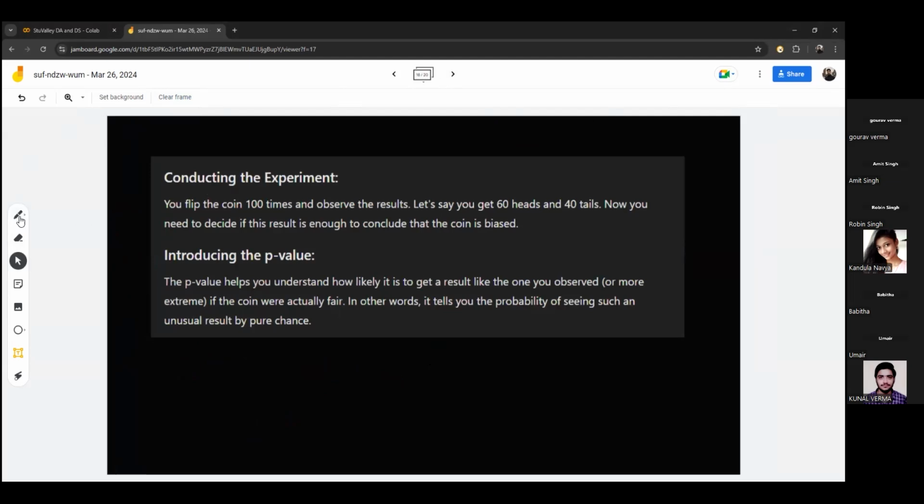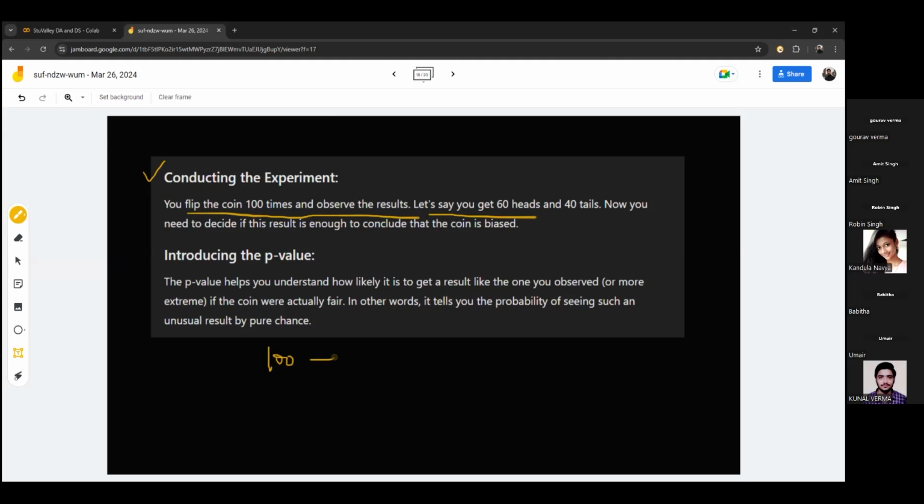Conducting the experiment. So you flip the coin 100 times and observe the result. Let's say you get 60 heads.